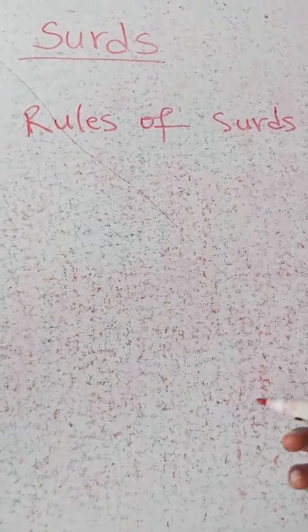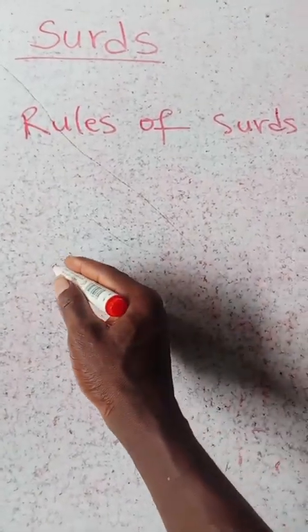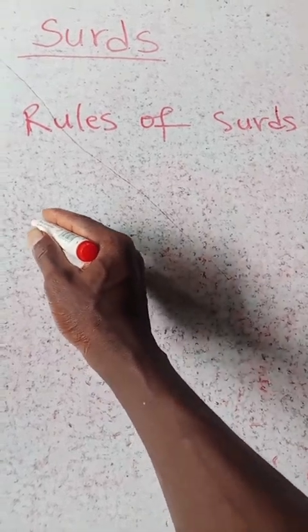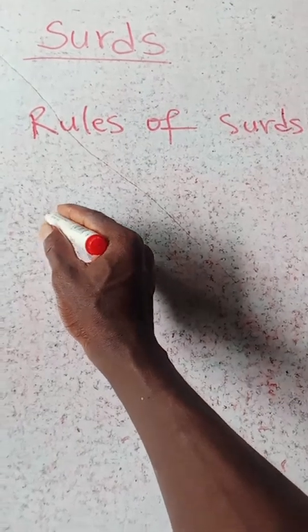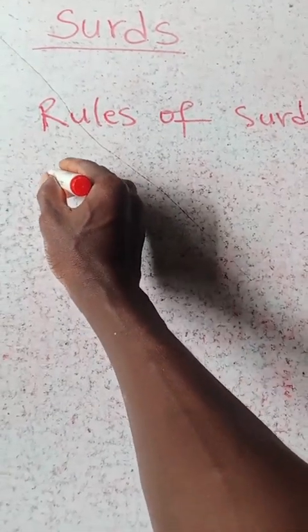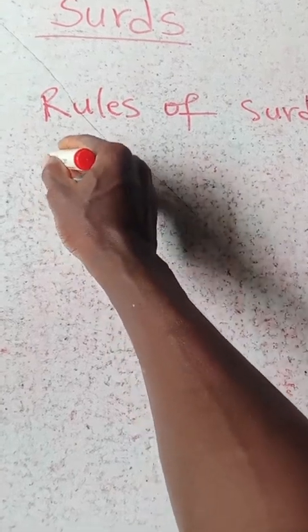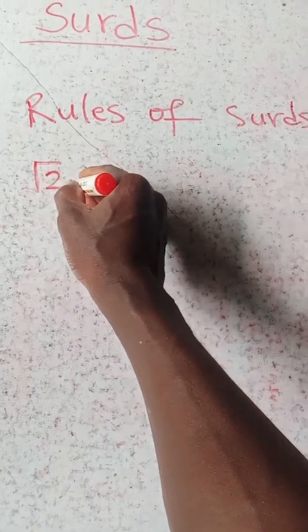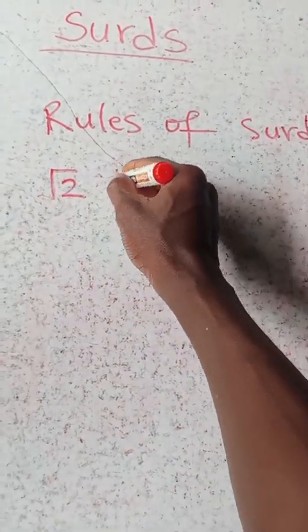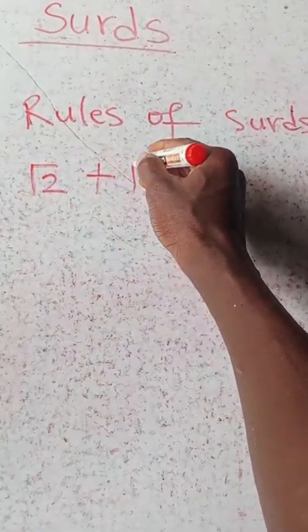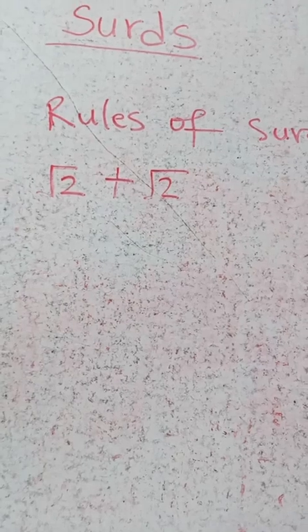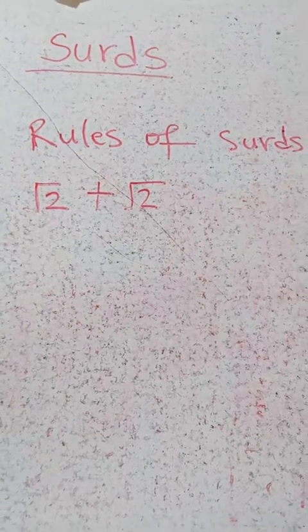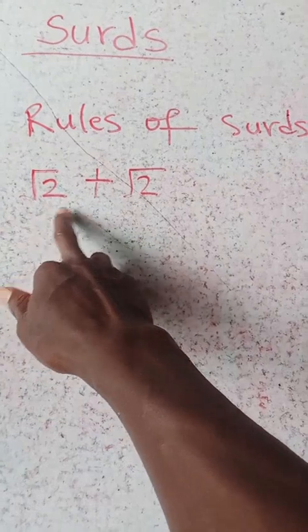On the other hand, I said that when the roots are the same, you can add it, you can subtract it, you can multiply it, and you can divide it as well. So for instance, if I have root 2 plus root 2, look at it, the surds are the same, the roots are the same.